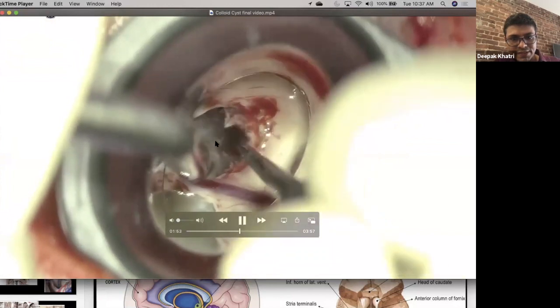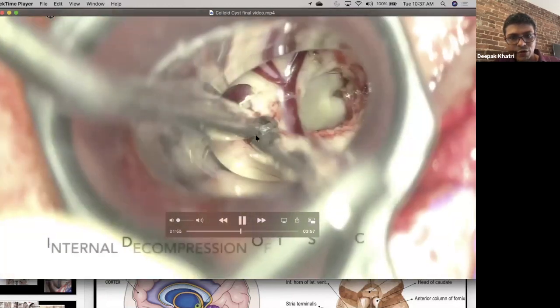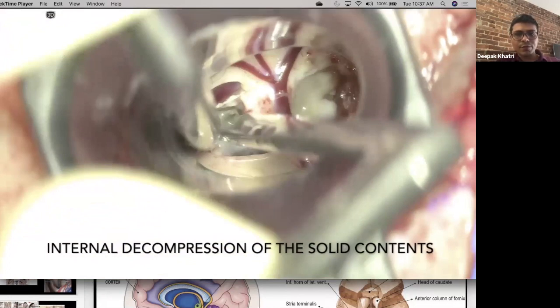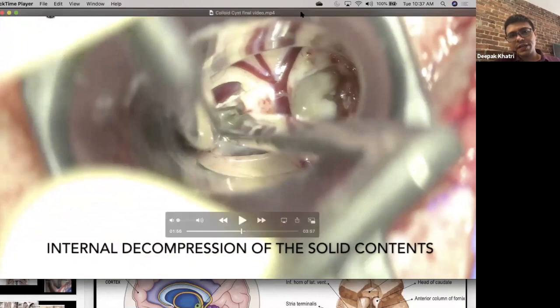This is the cyst on the opposite side, occupying the left side foramen of Monro. So it is really important because it's a very highly zoomed in image.